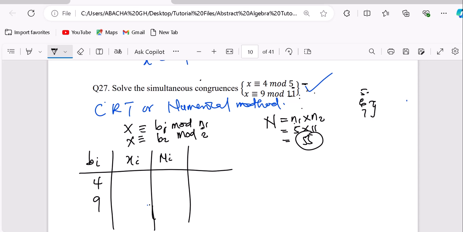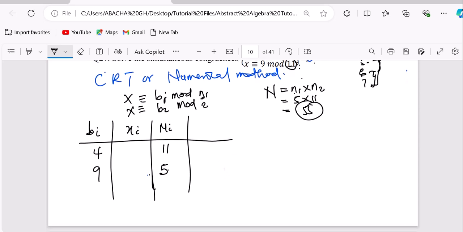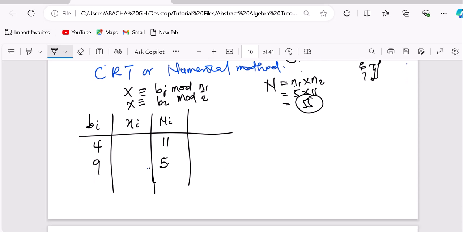If I'm looking for 6, I'll multiply 5 and 7. If I'm looking for 7, I'll multiply 5 and 6. So since the first value has only 11, I'm going to put 11 here, and the second value will be 5 because there are only 2 values. These are my values of the n's.